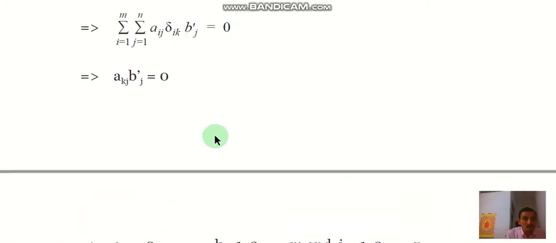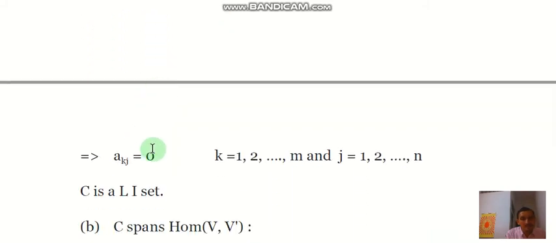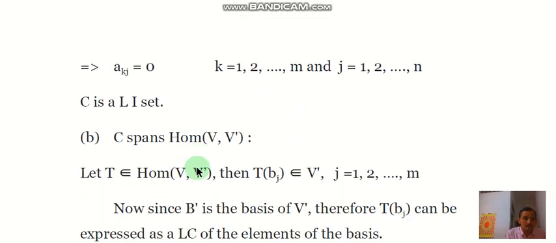Then as the basis B' is linearly independent, all the akj equal 0 for k varying from 1 to m and j varying from 1 to n. As all the coefficients in the linear combination have become 0, the set C is a linearly independent set.